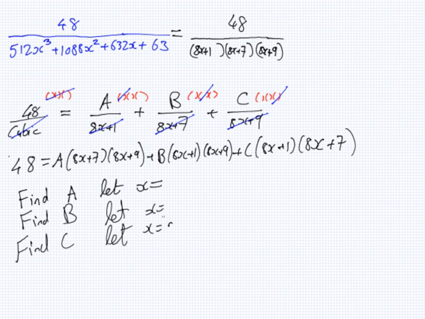So, to find A, you want to make the other 2 pieces 0. What value of x could you choose to make the second and third term 0?